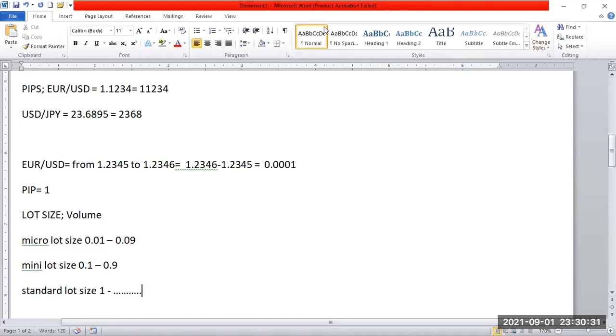Micro lot size ranges from 0.01 to 0.09. Mini lot size 0.1 to 0.9. Standard lot size from 1 and above. Cool. So now how do we calculate our profit?